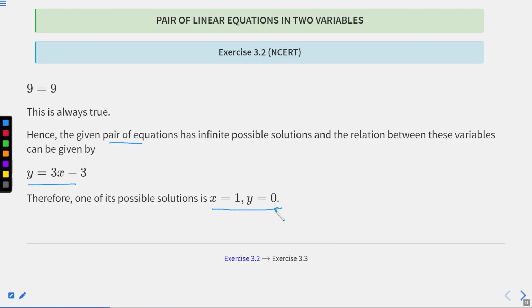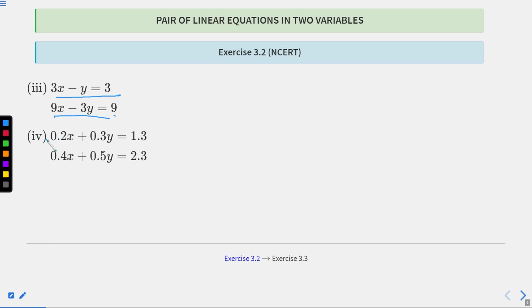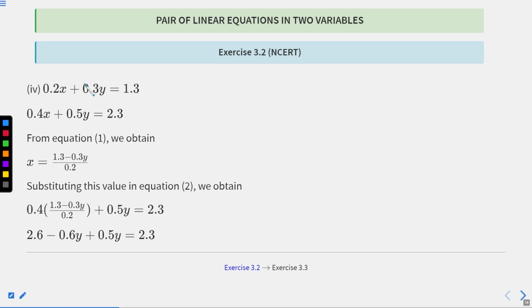Now let us solve question number 4. We have 0.2x plus 0.3y equals 1.3, and 0.4x plus 0.5y equals 2.3. We are given this pair of linear equations.